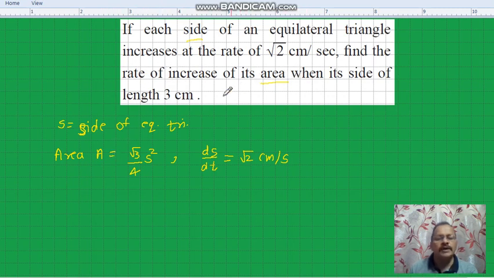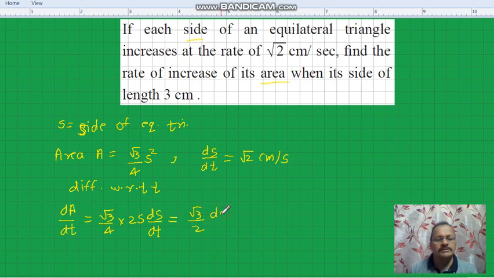and therefore let us find the rate of change of area, differentiating this A with respect to t. dA by dt is equal to √3 by 4 into 2s ds by dt, that is equal to √3 by 2 into s into ds by dt.